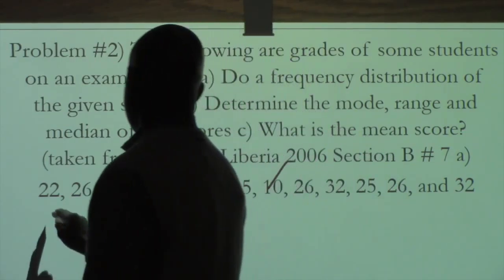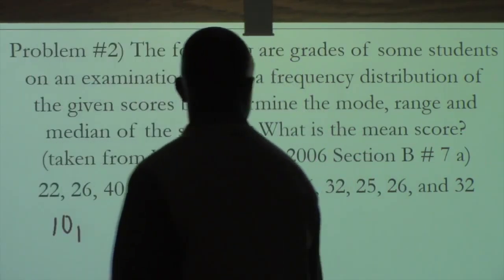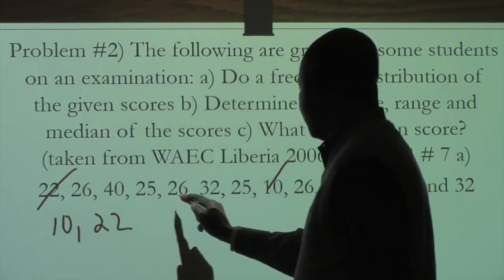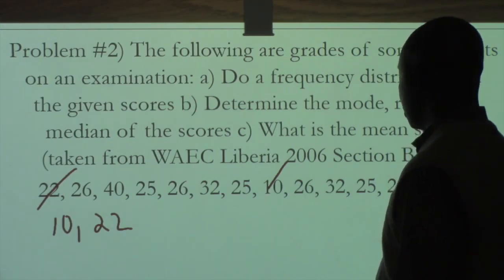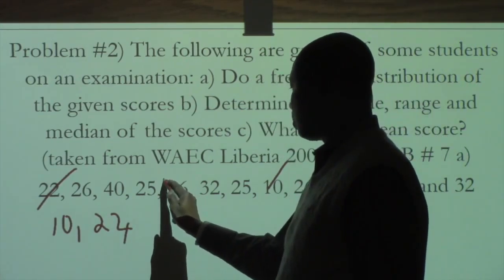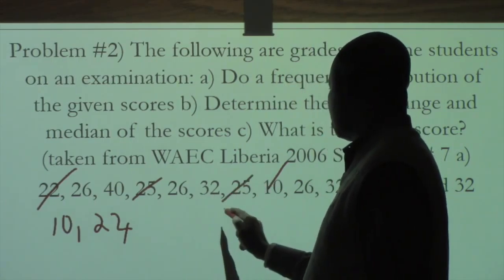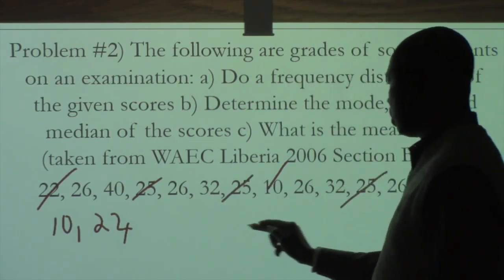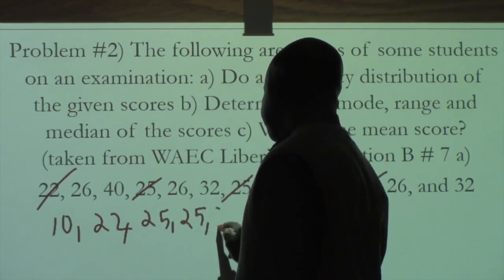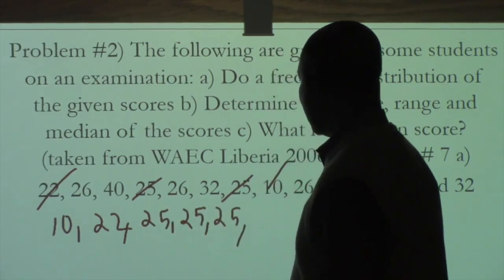So 10 is the smallest number. After 10, we have 22. How many 22 do I have here? 1. Do I have another 22? No. After 22, the next number I have will be 25. So I have 1, 2, 3, 25. The next number I have will be 26.